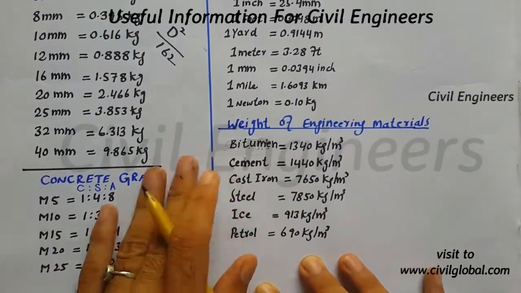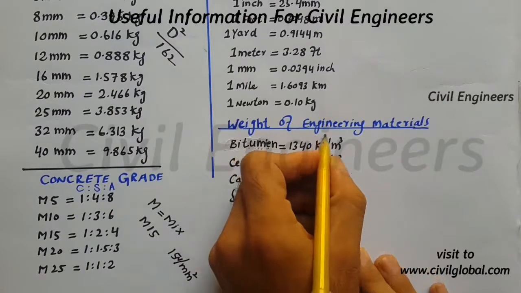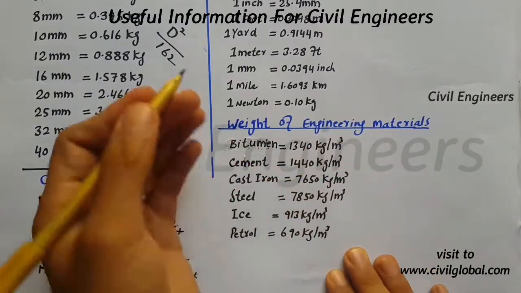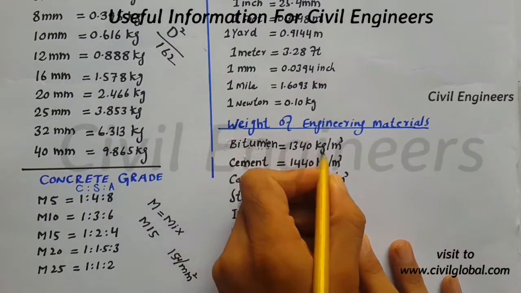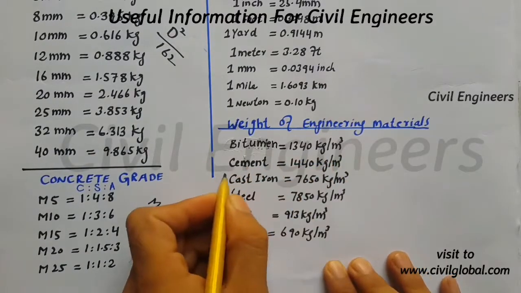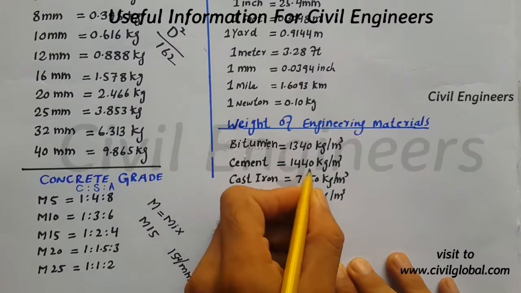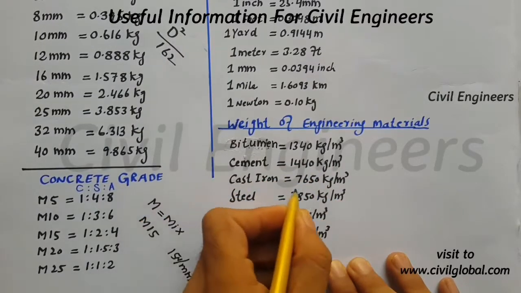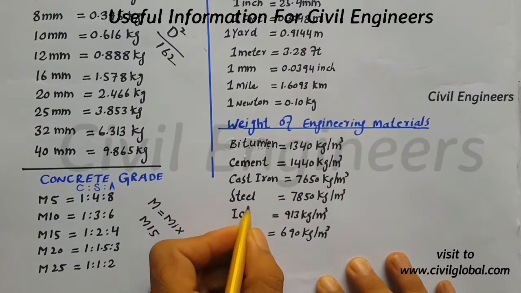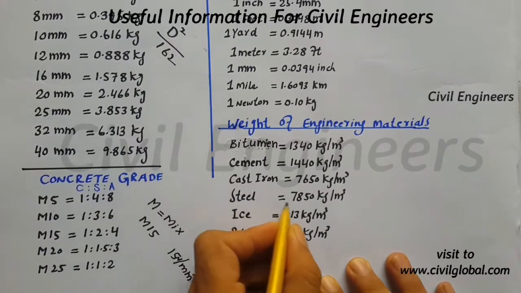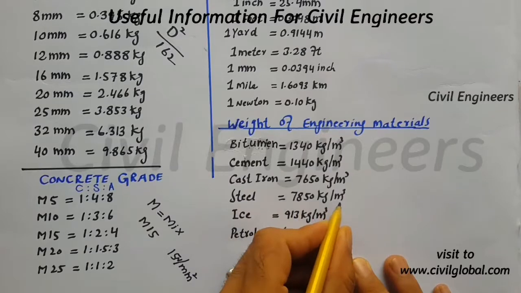So the other one, we have the weight of engineering materials, or unit weight of engineering materials. So for bitumen 1340 kg per meter cube. Cement is 1440 kg per meter cube. Cast iron is 7650 kg per meter cube. Unit weight of the steel is 7850 kg per meter cube.